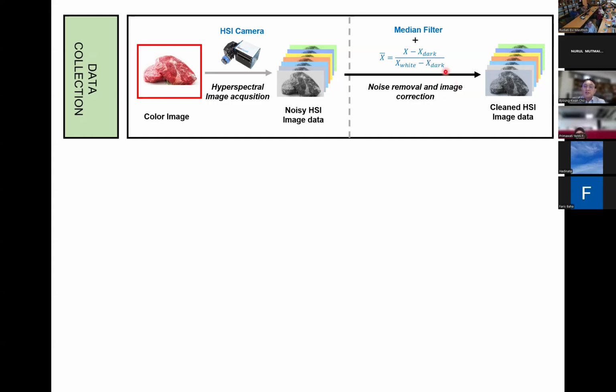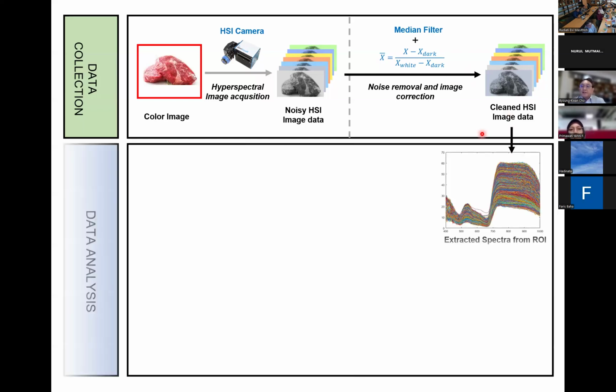And also dark current. Dark current means when we close the camera lens and measure the signal, that sensor intensity is the dark intensity, dark current. Dark current is just noise. We need to get rid of it.